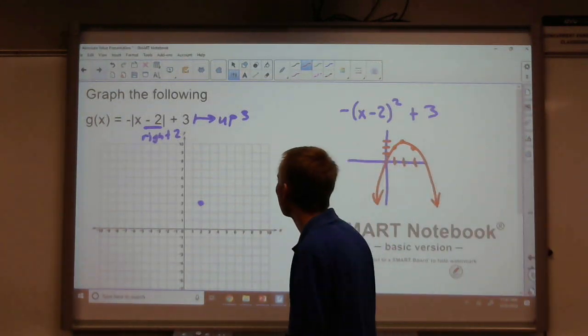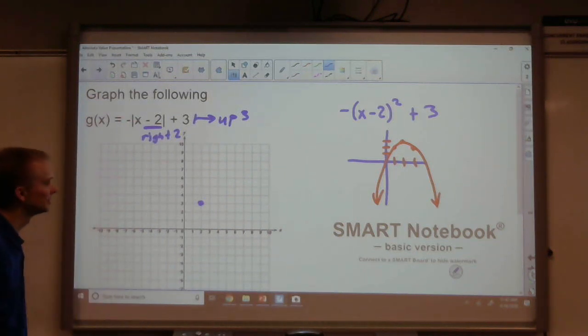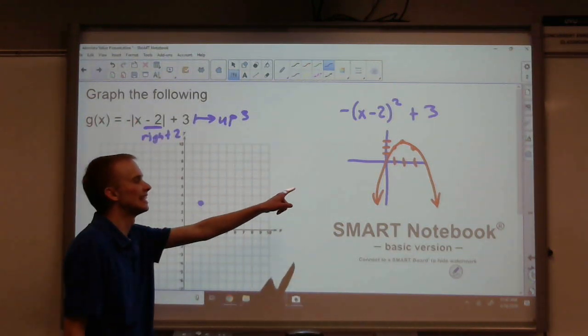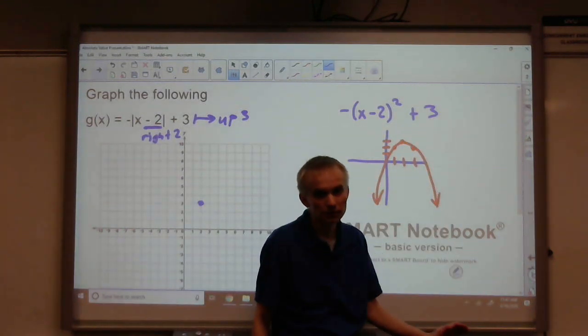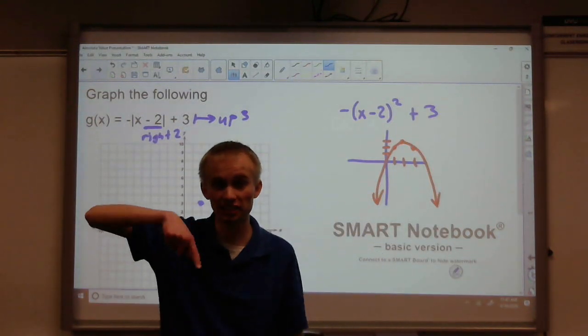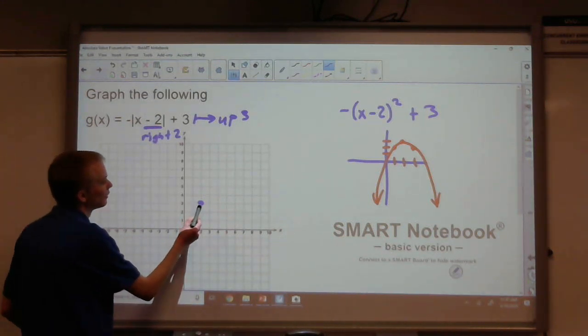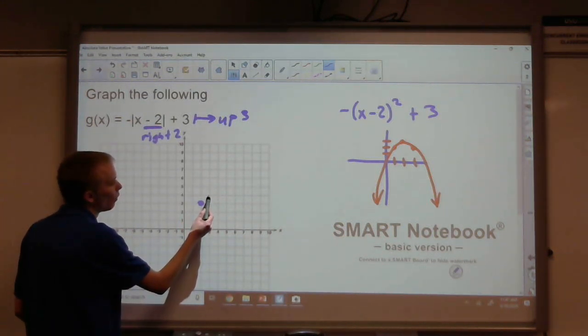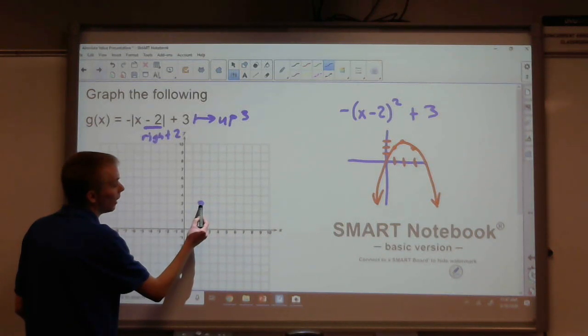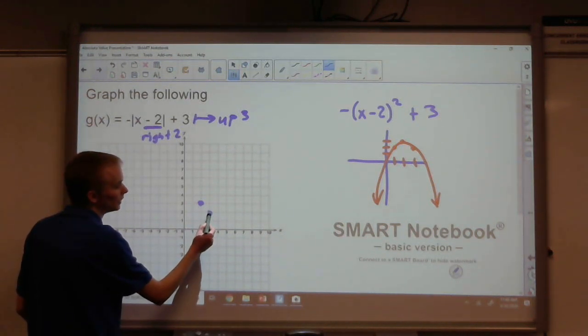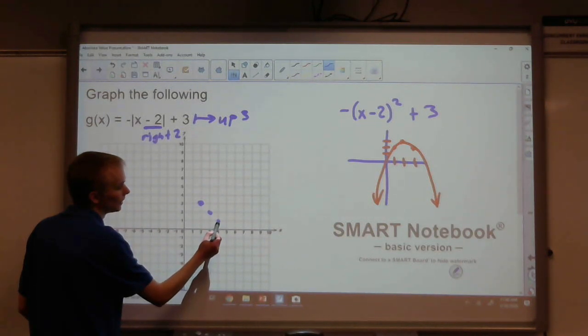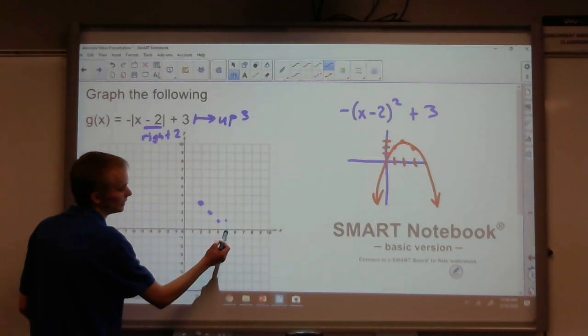The same thing is true of this absolute value function, except instead of being the U shape, it's a V shape. It's just an upside down V. So instead of going over 1, up 1 like I normally do, I'm going to be going over 1, down 1, over 1, down 1, over 1, down 1.